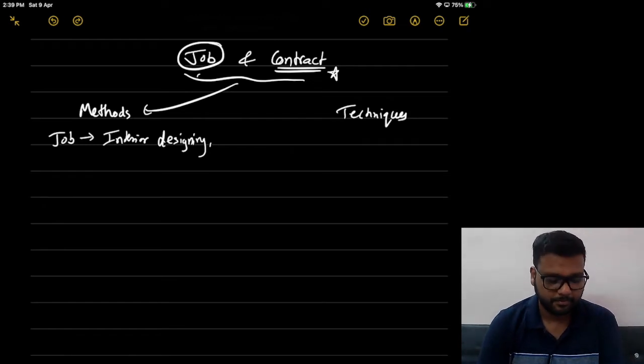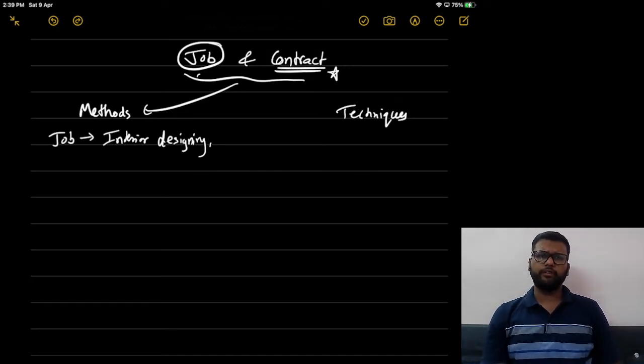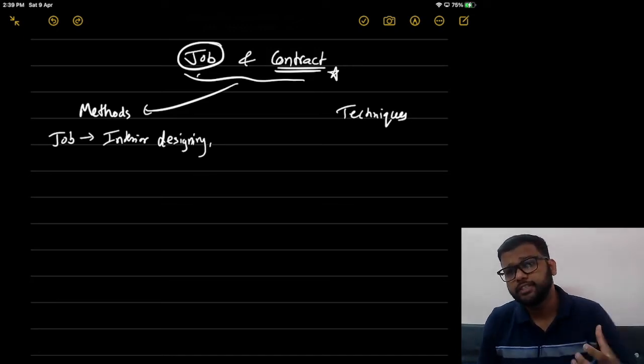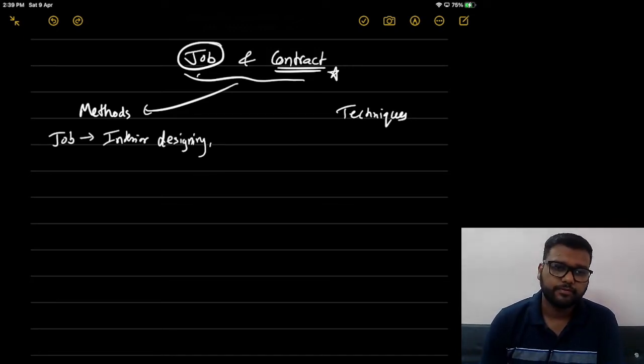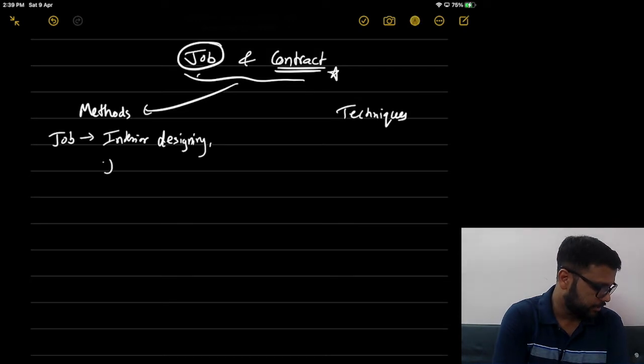Any specific task? For completion of any specific task. I just want an example of any specific type of company where each job is different, each order is different. Jewelry design. Okay, good. Jewelry can be an example.